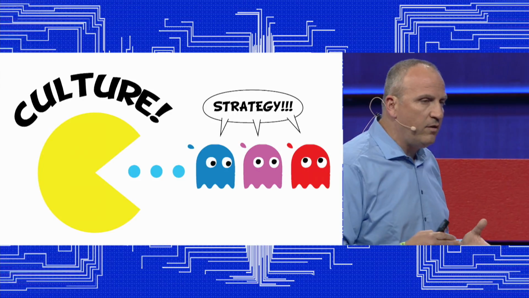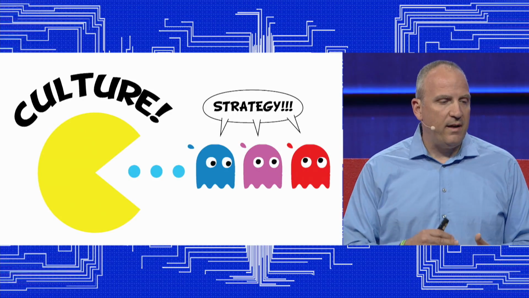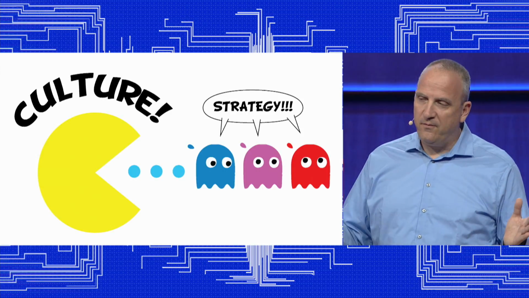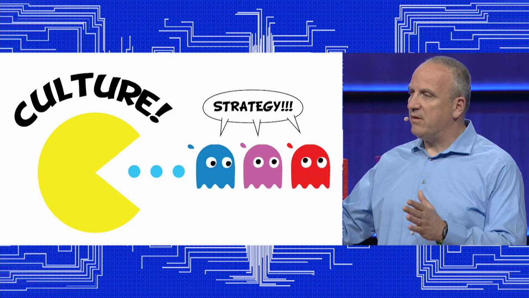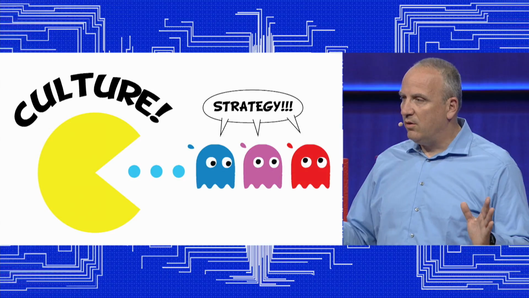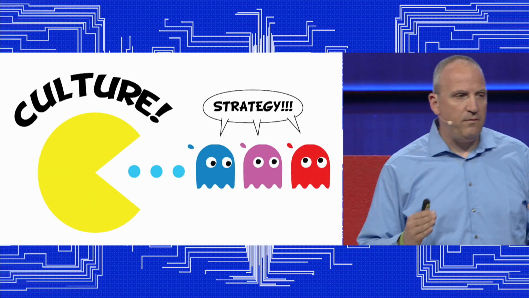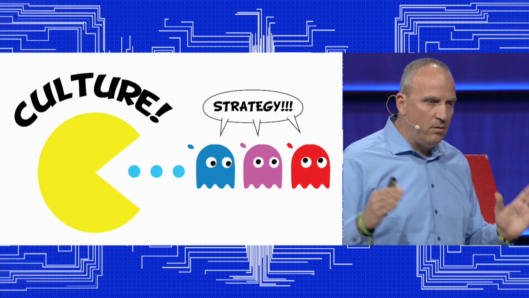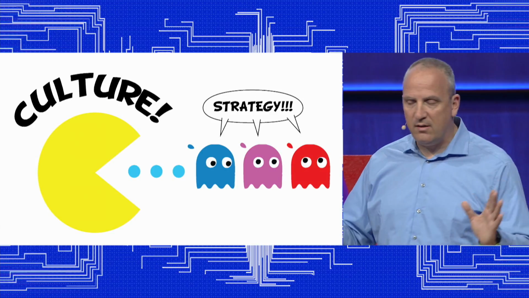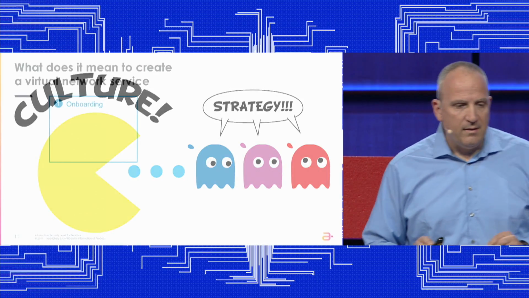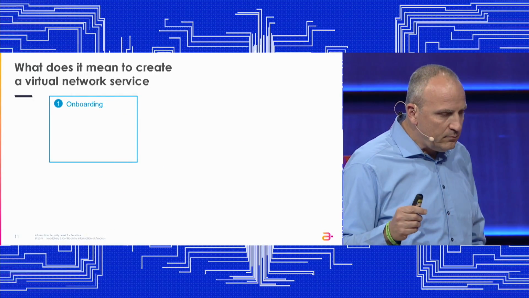When we're talking about a virtual network, it is the operator who needs to fix the problem. And sometimes you would say, we have a strategy, we'll change the culture. Not so easy. There's a statement called, culture eats strategy for lunch. Okay? When you have an organization and the culture and the strategy are not aligned, usually it's the culture who wins.